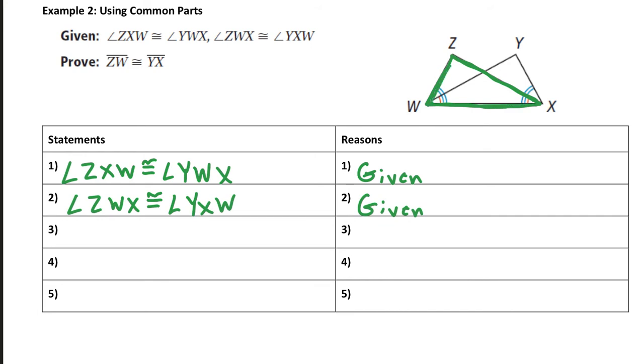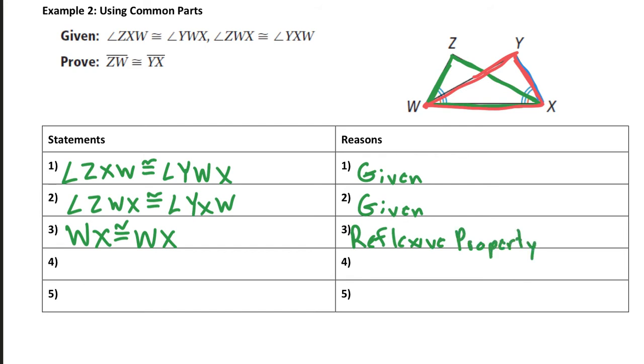Now I'm going to use a different color to trace the other triangle. So I went from ZWX to Y. Maybe I'll use red. It's a little bit more different. To YXW. So that should be pretty apparent which side is common between them. WX is congruent to itself, WX. So that's that reflexive property coming back.